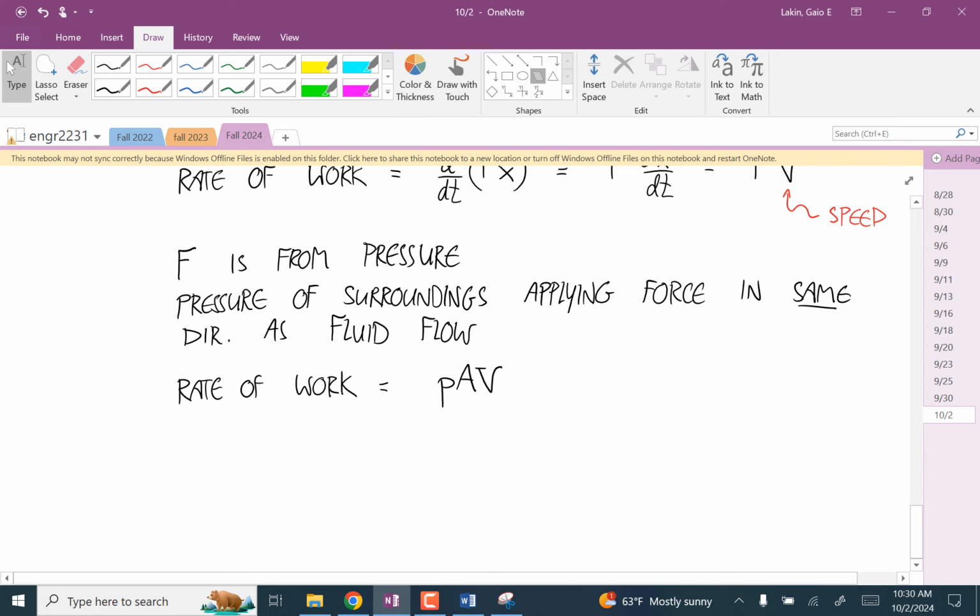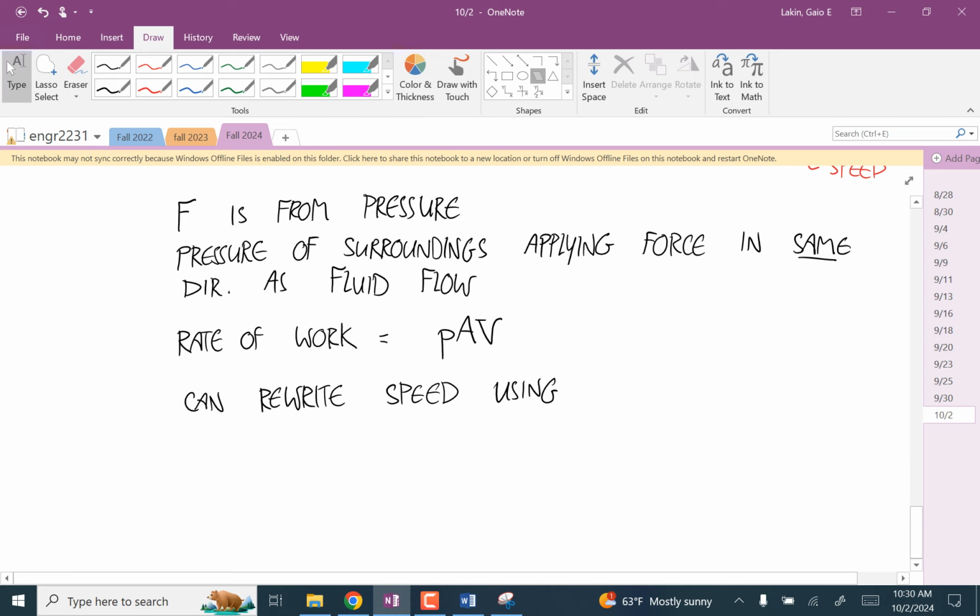And then finally, we can rewrite the speed in terms of properties we can look up. We know that m dot is equal to A times the speed divided by v, the specific volume.